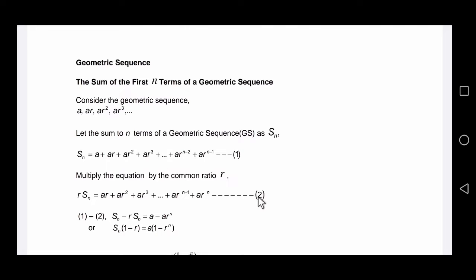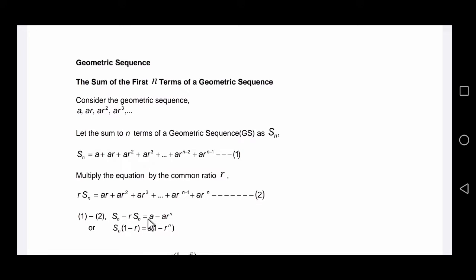Now, we will take equation 1 minus equation 2. So you will get Sn minus rSn equals A minus AR to the power of n. Now we can factorize this part with Sn, so we get Sn times 1 minus r.